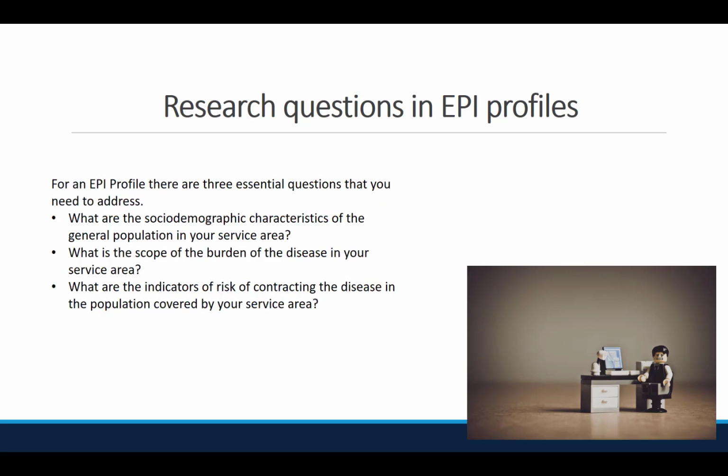For an epi profile, there are 3 essential questions that you need to address. What are the socio-demographic characteristics of the general population in your service area? What is the scope of the burden of the disease in your service area? What are the indicators of risk of contracting the disease in the population covered by your service area?